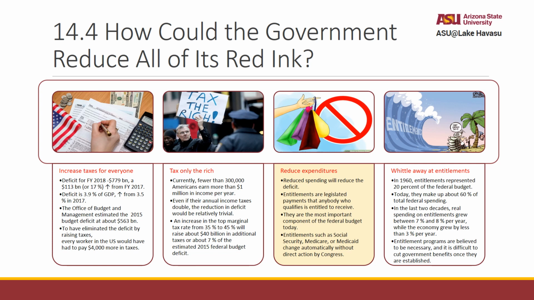But now, entitlements are one of the important components of the federal budget today. Entitlements are the legislated federal government payments that anyone who qualifies is entitled to receive, and these include payments like Social Security, other income security programs, Medicare, Medicaid.